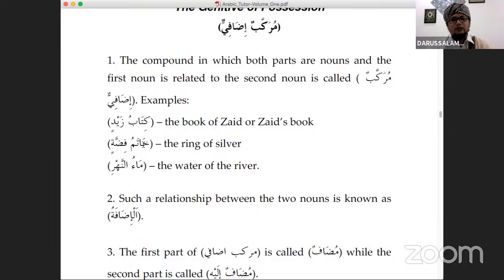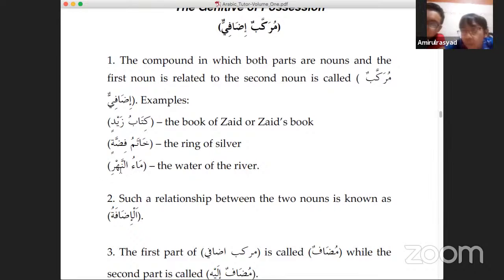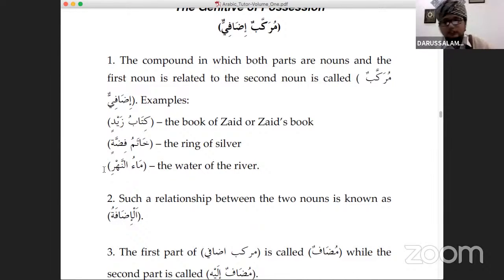Khatamu fiddatin, the ring of silver; khatam is ring. Ma'un nahri, the water of the river. You see that?